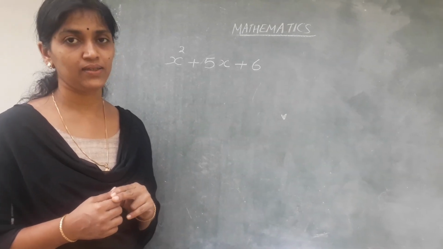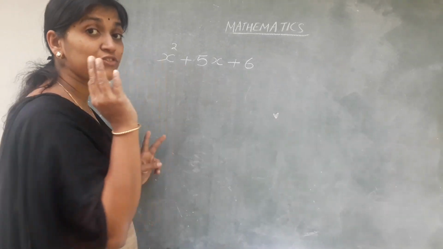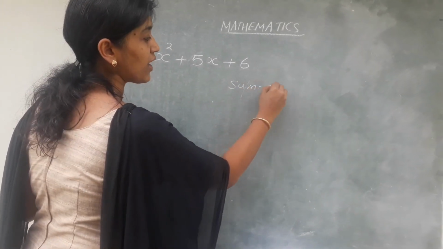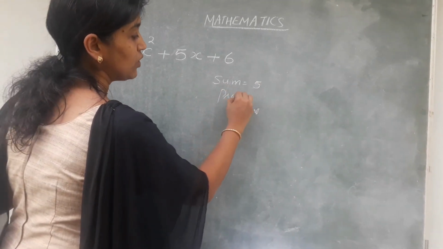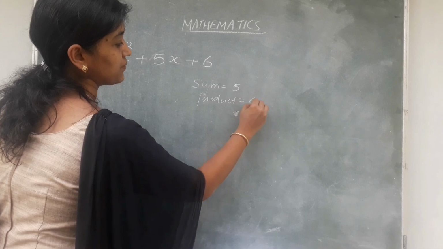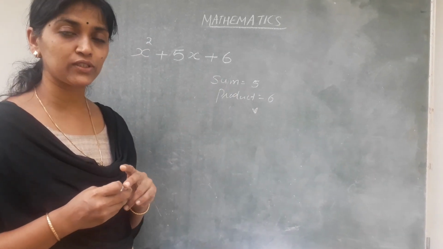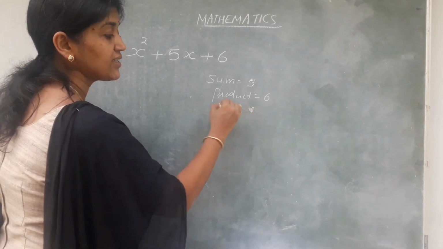We will find two numbers whose sum is equal to 5 and product is equal to 6. Which are the numbers? The numbers are 2 and 3.